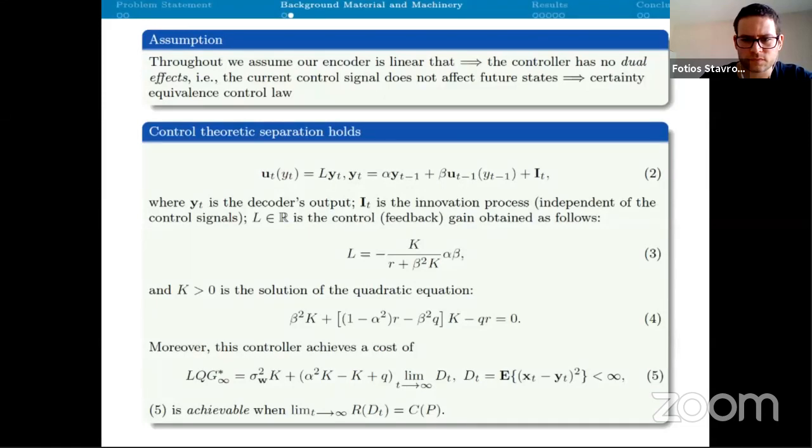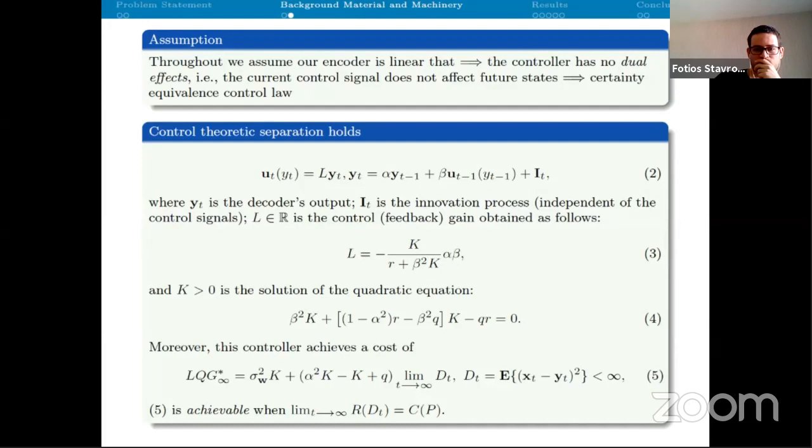Tatikonda showed that the communication cost can be computed by a minimum mean square error state estimation problem by means of a sequential rate distortion function. The goal in such problems is to find the right sequential rate distortion function to minimize as much as possible the communication cost.